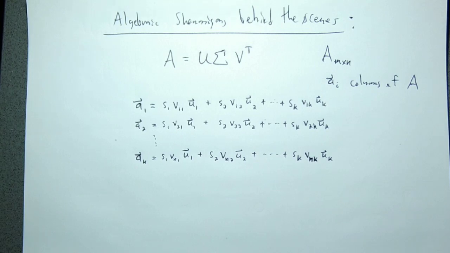Okay. So this is just directly from my singular value decomposition and the typical notation for U, sigma, and V. Okay, so that's how this works.